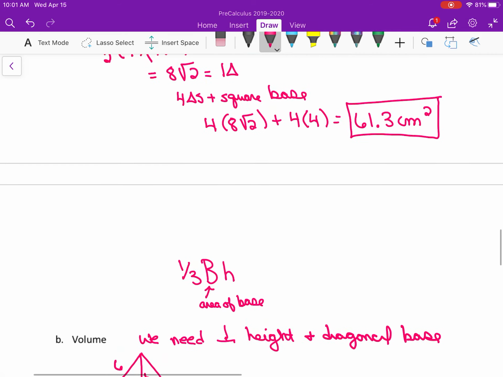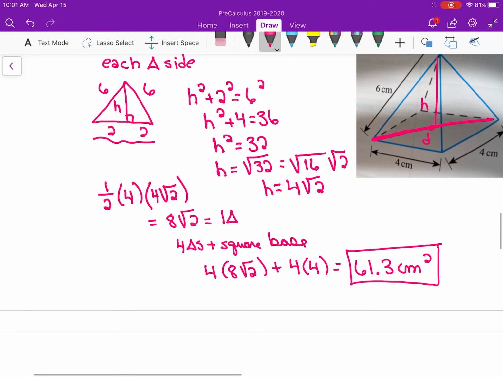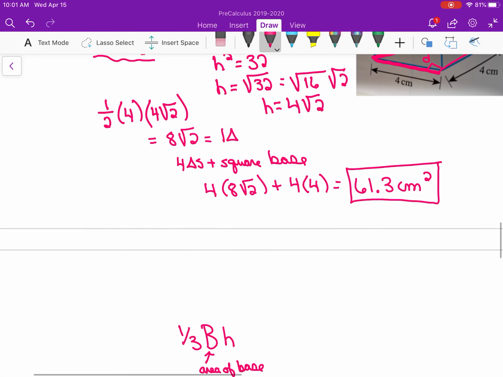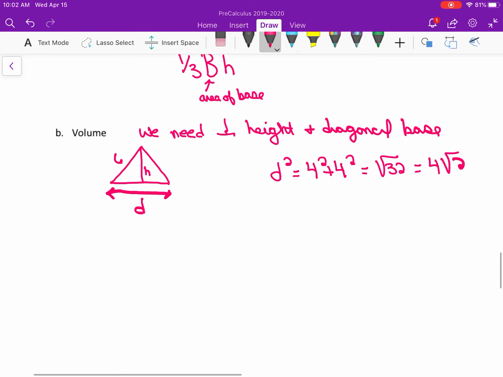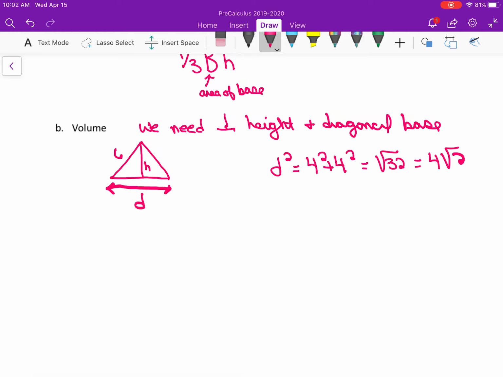So in order to find D in this original picture, we've got a right triangle here, okay? So D squared is going to equal 4 squared plus 4 squared, which will just be root 32, which again is just 4 root 2. All right, so that is our diagonal.